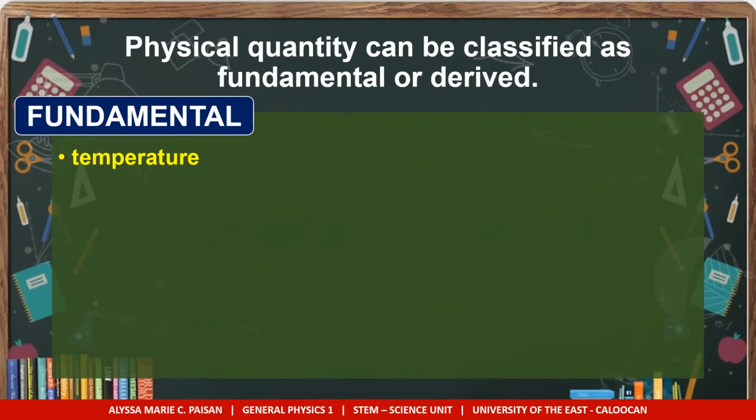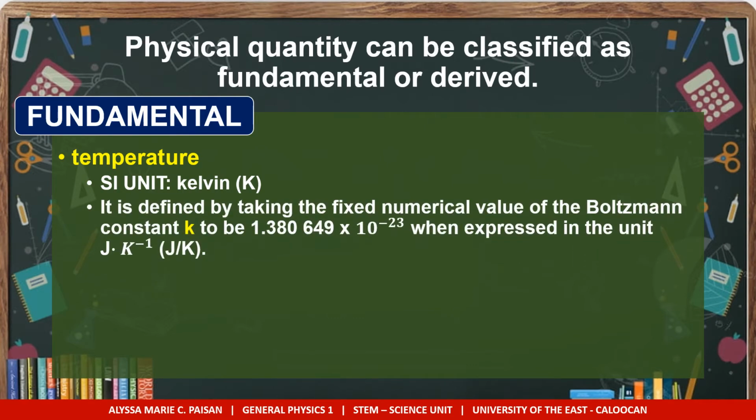Temperature. Temperature has the SI unit Kelvin, or capital letter K. It is defined by taking the fixed numerical value of the Boltzmann constant, symbolized by lowercase letter k, to be 1.30649 times 10 raised to negative 23 when expressed in the unit joule Kelvin raised to negative 1, or joule per Kelvin.